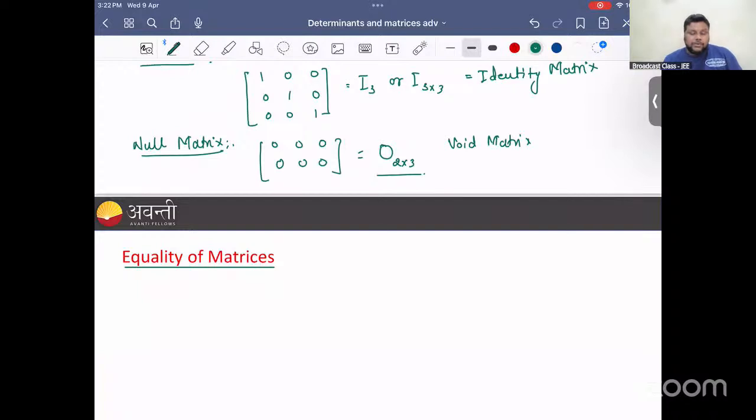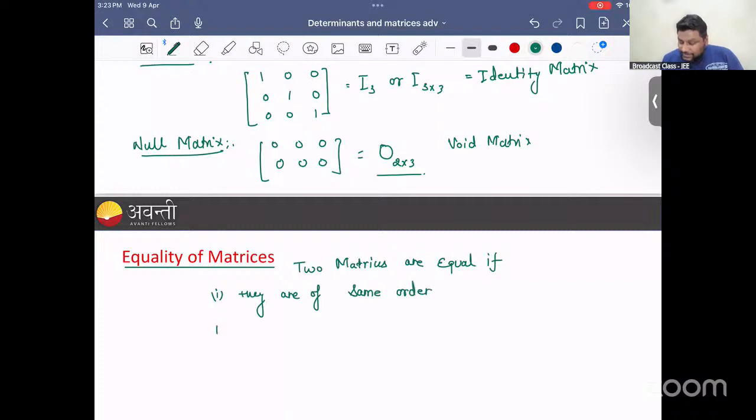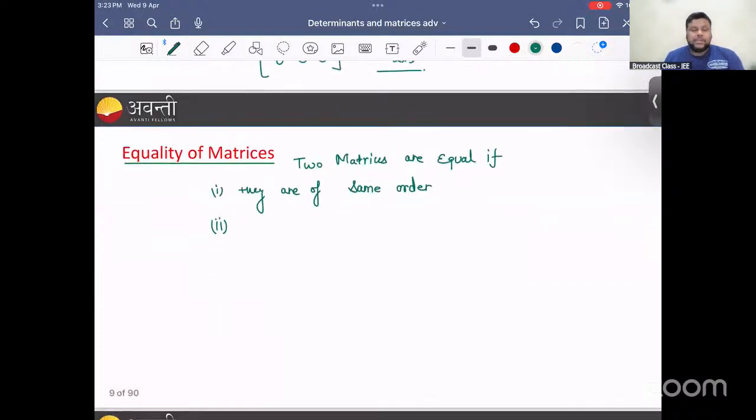Two matrices are equal if, first point, they are of same order.